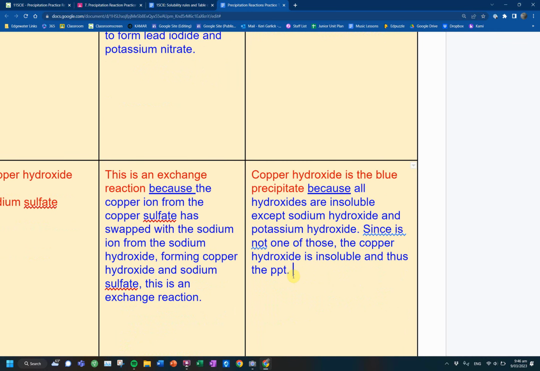If you want more layers, just to be clear that that's my reasoning. Copper is not one of those. There you go. Cool? All right. This will be on Google Classroom if you need it.